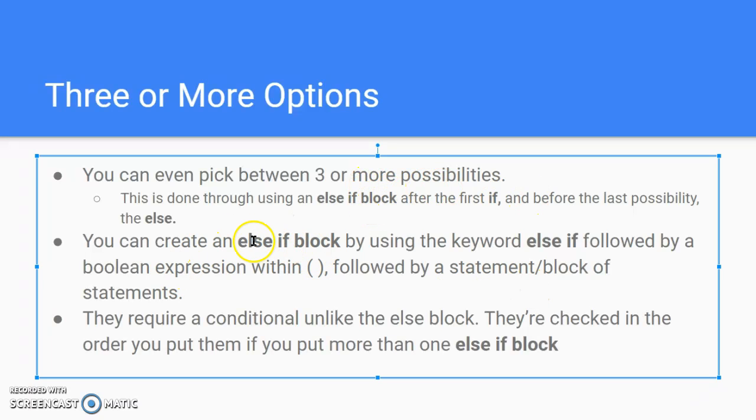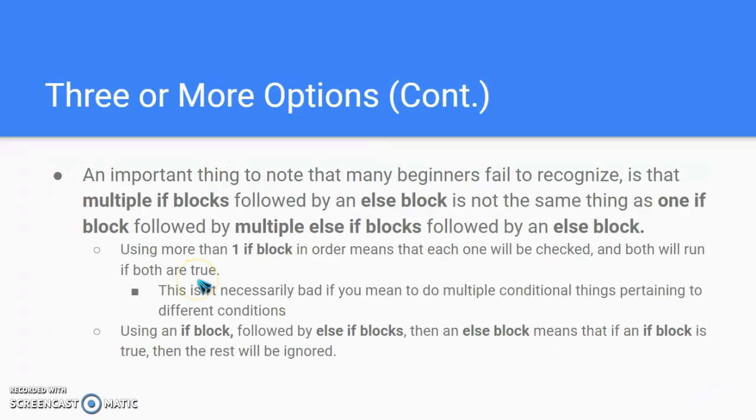Now, in order to create an else-if block, you proceed kind of like an if block. You follow the same format, however, you place an else keyword right before the if keyword. An important thing to note that many beginners fail to recognize is that multiple if blocks followed by an else block is not the same thing as one if block followed by multiple else-if blocks followed by an else block.